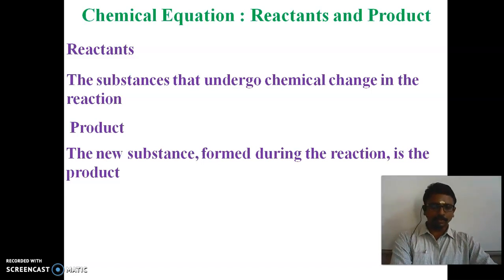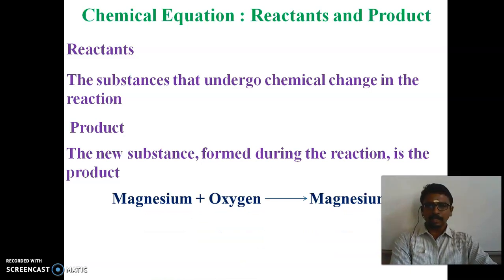Here we can go with one example so that we can easily see what the reactant and the product are. Here we have taken magnesium plus oxygen, which gives magnesium oxide. What is the reactant? The substance that undergoes chemical change in the reaction.